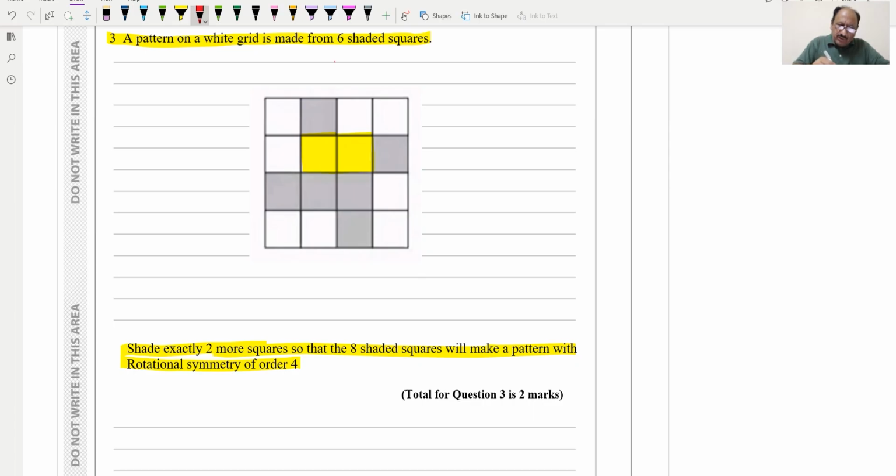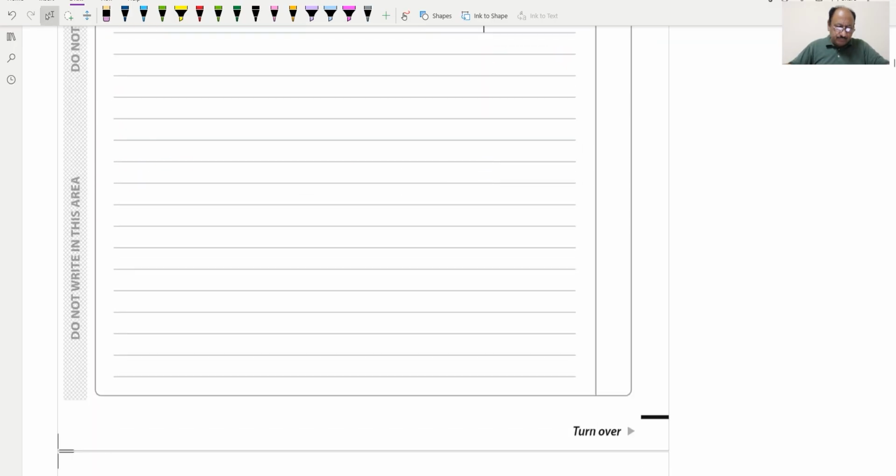So when we rotate, one location will be this one, and when we rotate again, this will be the second, the same situation, and then third, and then this will be the fourth location. When we rotate, we will get four locations at which we get the same design. Hopefully you understood this, and this is a 2-mark question.